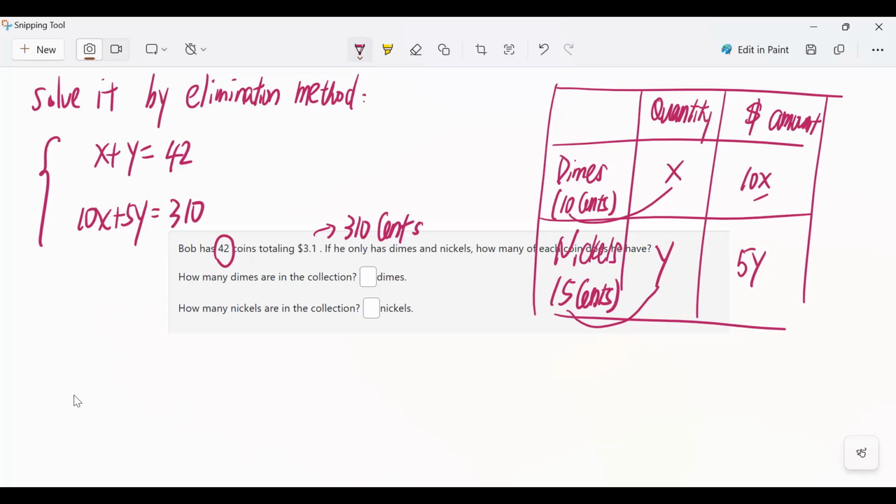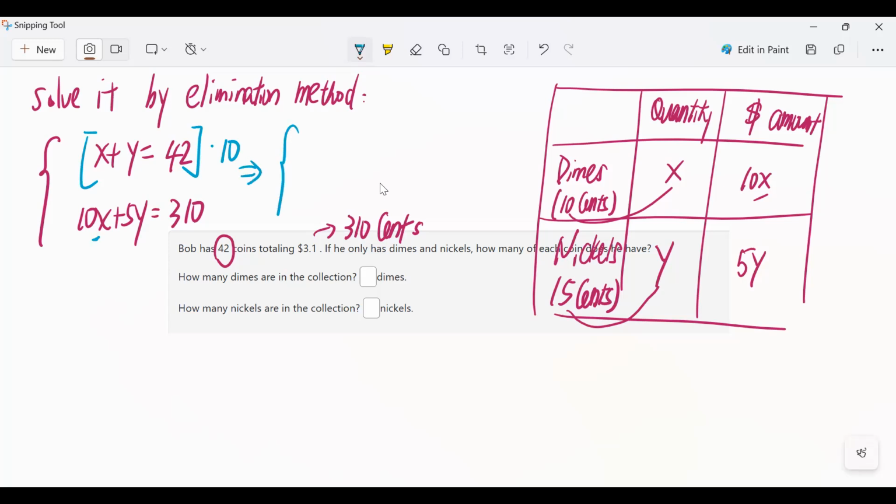Okay, let's go over the solution. So here I'm going to eliminate the variable x. I multiply the first equation by 10 because the second one has 10x.